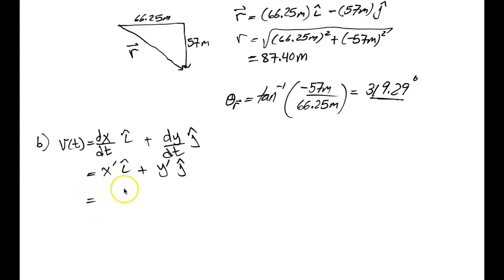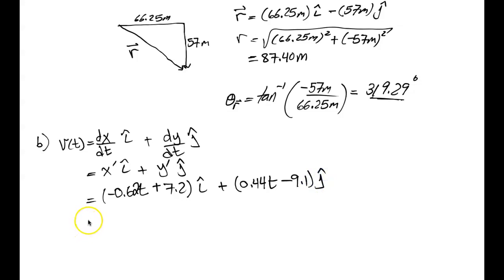The derivative of x would be negative 0.62 t plus 7.2 in the i hat direction, plus the derivative of y with respect to t, which is 0.44 t minus 9.1, in the j hat direction.